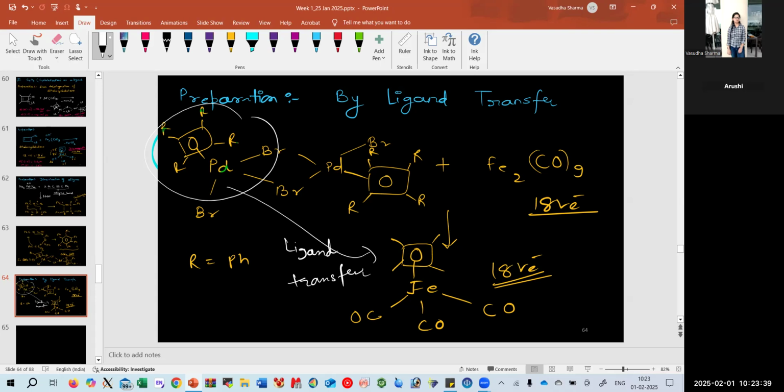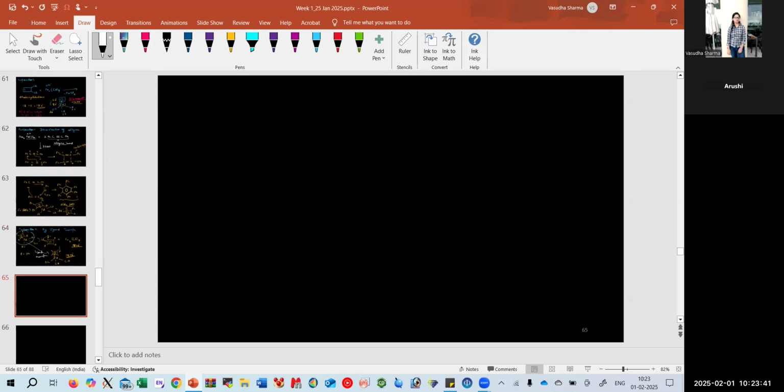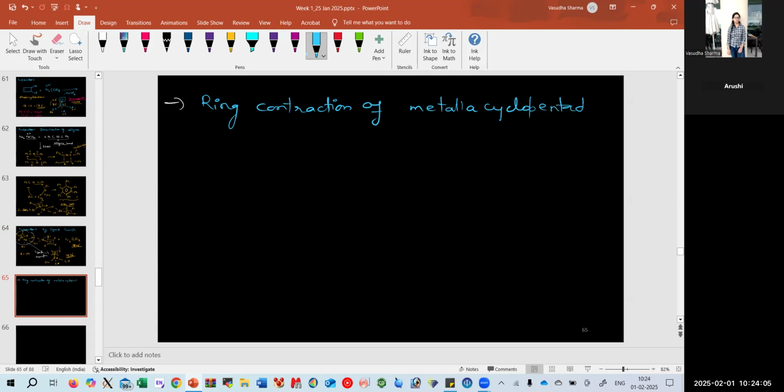Another method is by ring contraction of metallacyclopentadienes. So what is that?